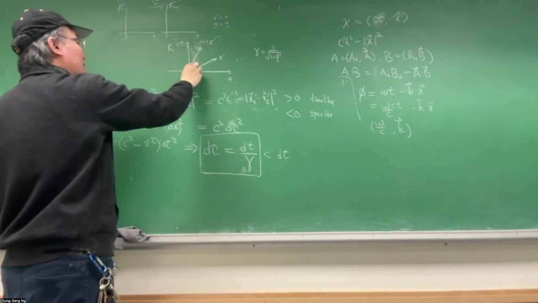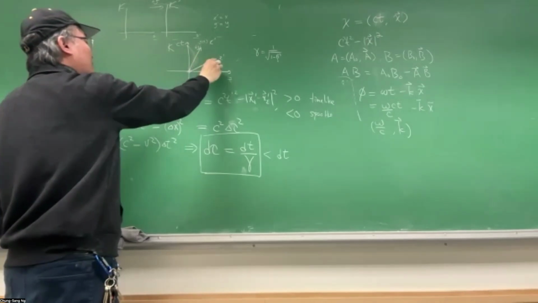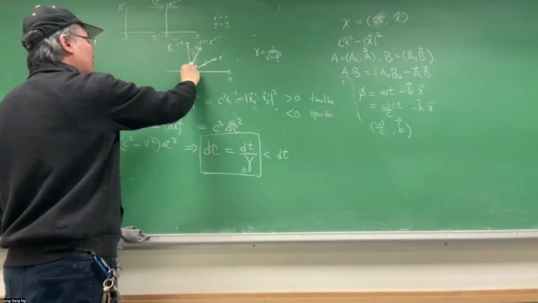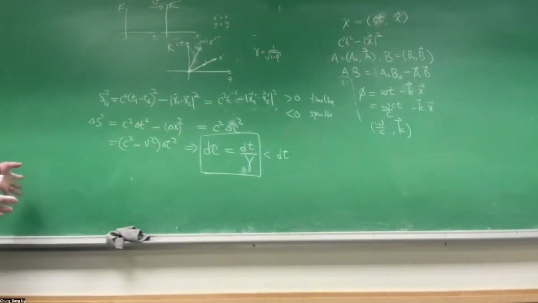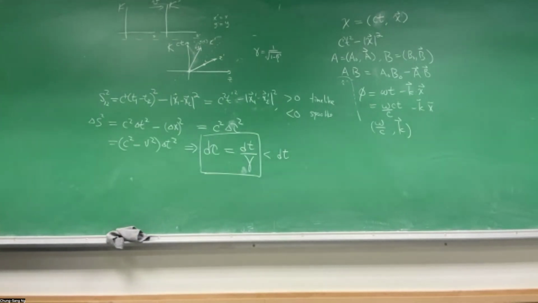You start at the origin, x prime is 0, to a certain point, x prime is L or something like that. So if you measure in the K prime frame, which means the ruler is in the rest frame of K prime, it has a length L.